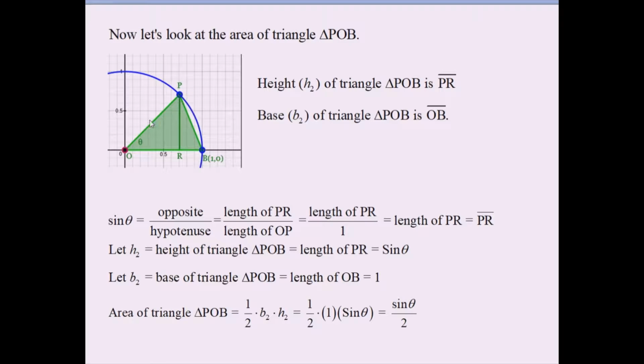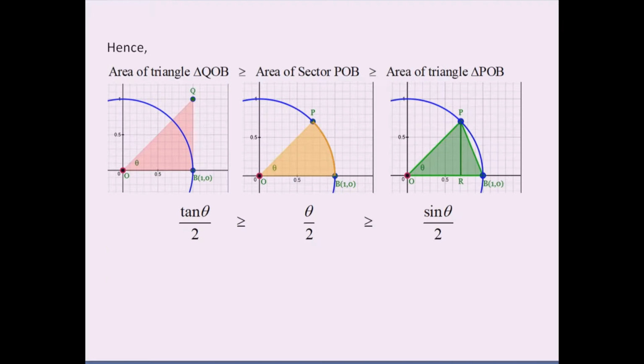And the area of this triangle POB would be 1/2 times the base times the height. The base is just 1. The height is PR, but the length of PR is the same as sine of theta. And so the area of the triangle POB is 1/2 times 1 times sine of theta, which simplifies to sine of theta divided by 2.